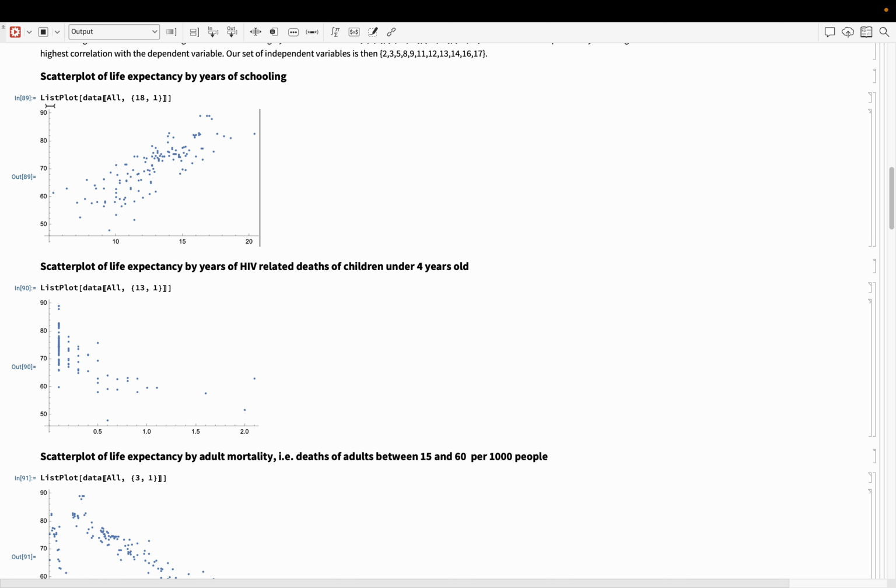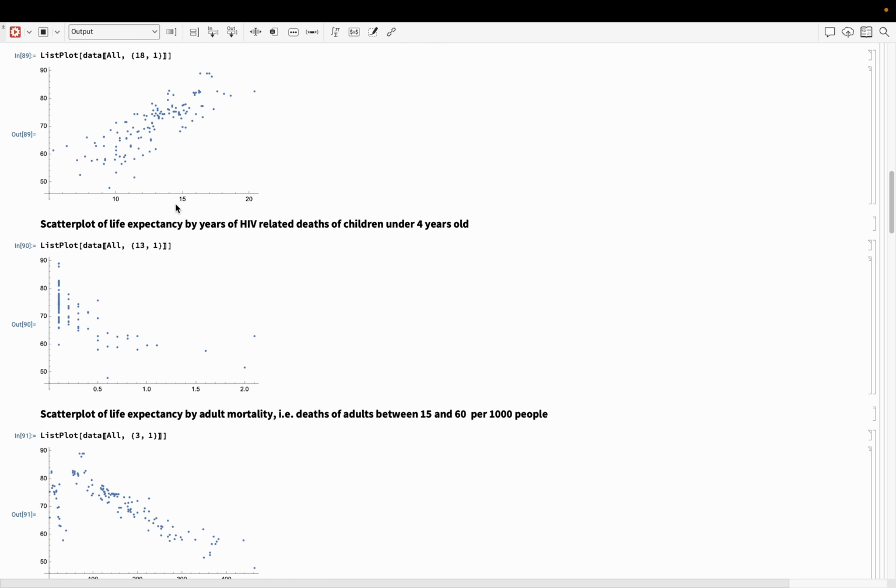So this is the scatter plot of life expectancy by years of schooling, which will be very similar to the picture of life expectancy by Human Development Index. But since years of schooling is in integer numbers, this plot is probably easier to analyze, and we see that the dependence is more or less linear.